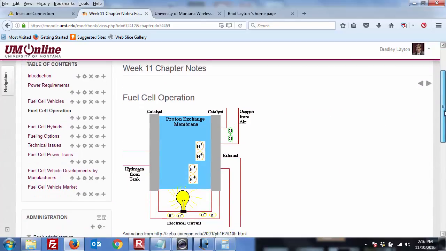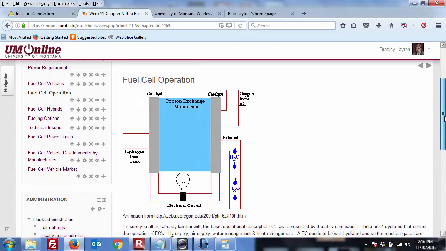Okay, so here's a neat little diagram on how it works. So here comes your hydrogen, and the hydrogen atom is as simple as possible. It's just a proton, which you can see here. The protons are sort of heading up through the proton exchange membrane.